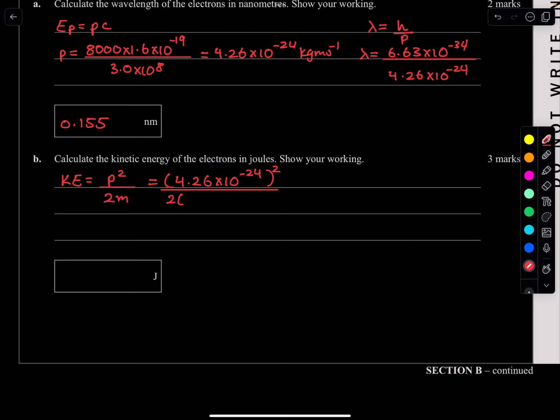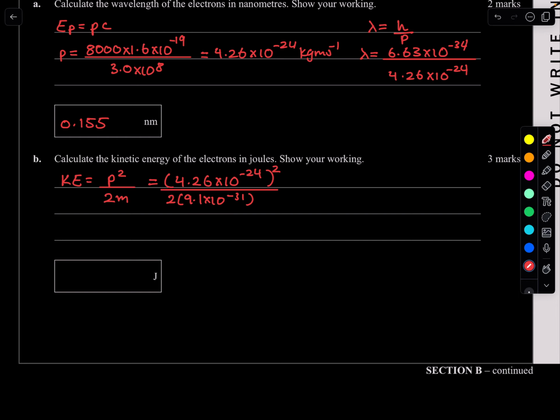The mass of an electron is 9.1 times 10 to the negative 31. Let me double check that. Yep, that looks good.